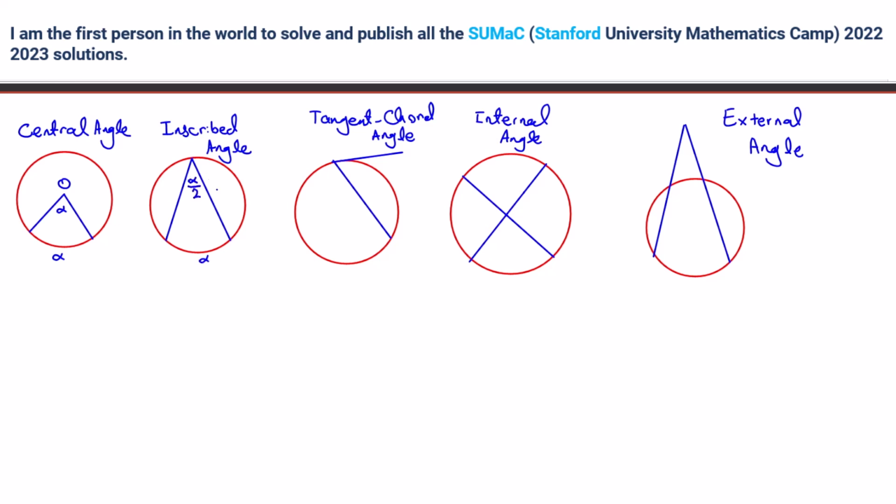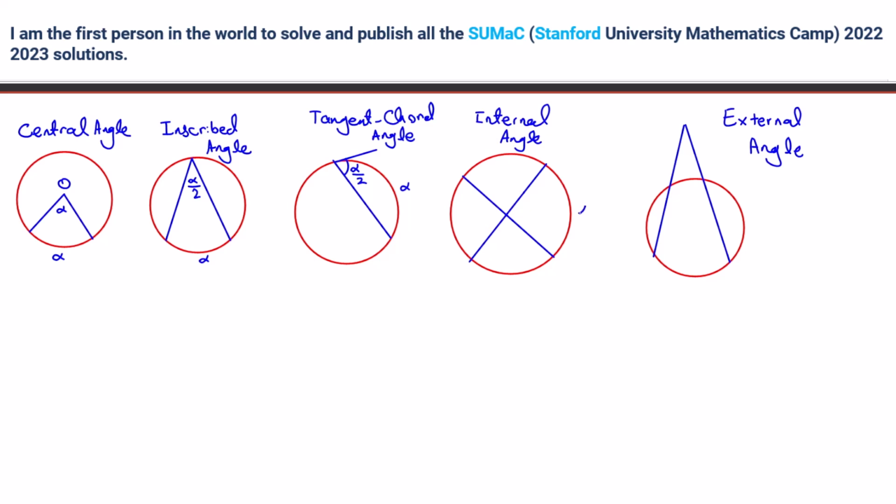Exact. Tangent chord angle is exactly similar to this one. Look, it is inscribed. This is a special case. It is inscribed, but this one is tangent. Okay. So alpha over 2.